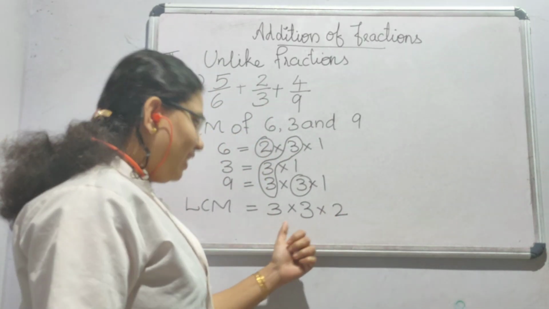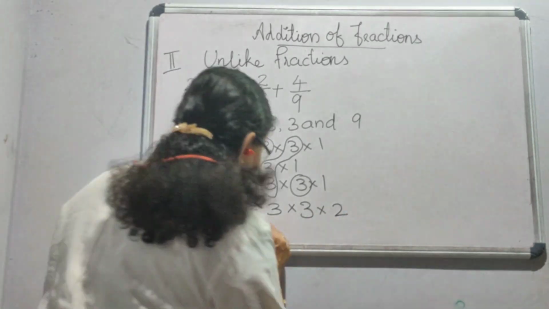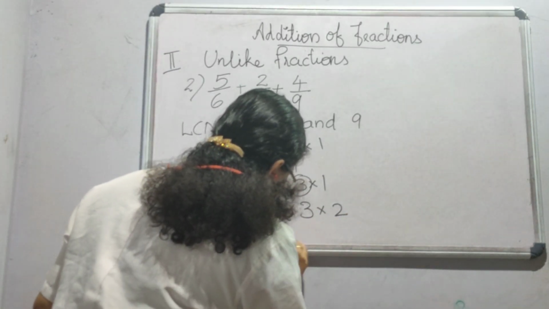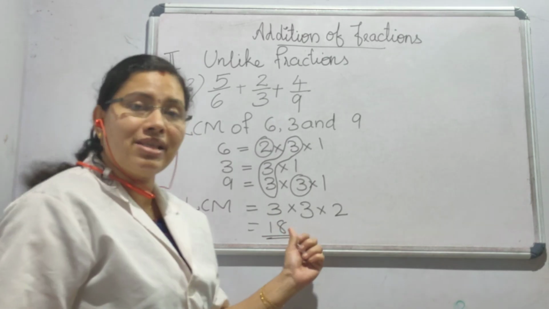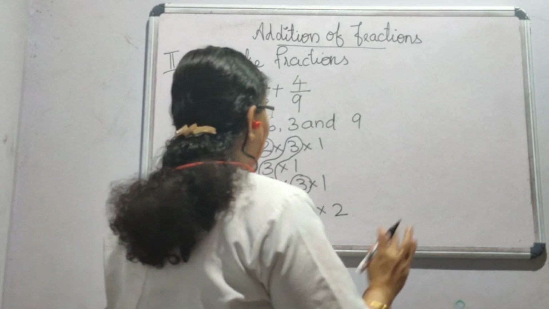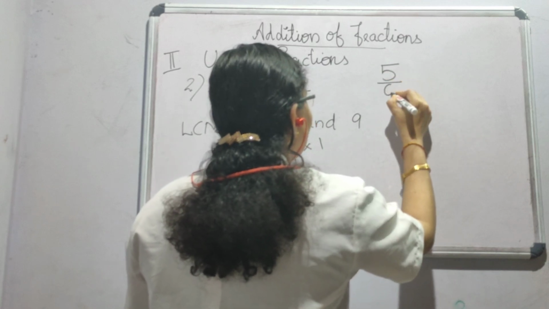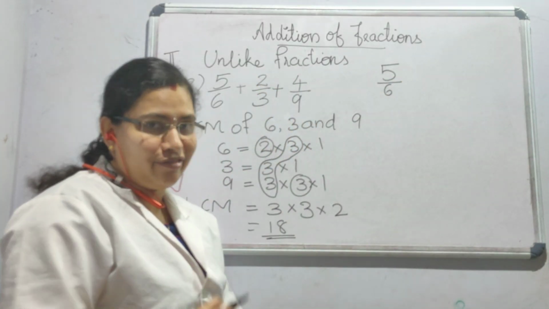So we got 3 into 3 into 2. 3 3s are 9. 9 into 2 is 18. So the LCM of these three numbers is 18. Okay. Now we got the LCM. So we have to convert each fraction into its equivalent fraction.